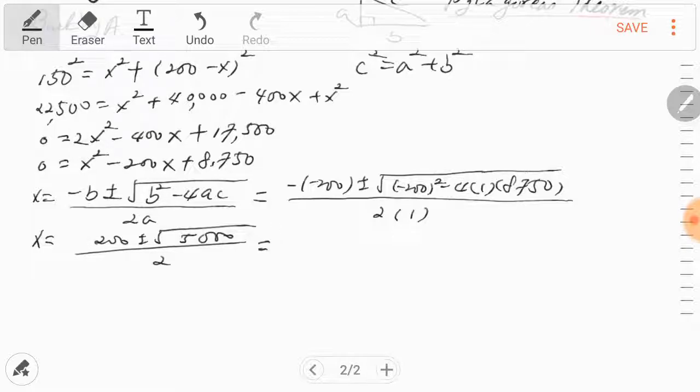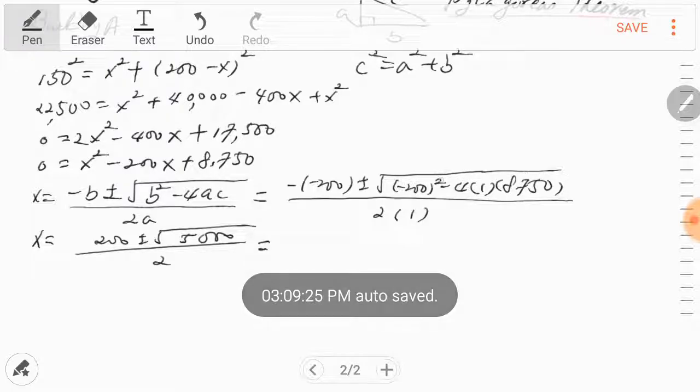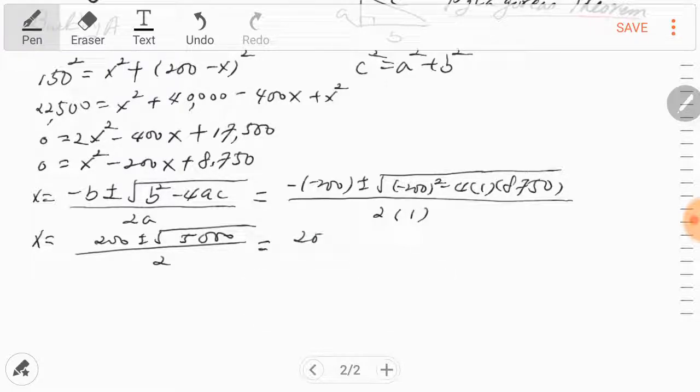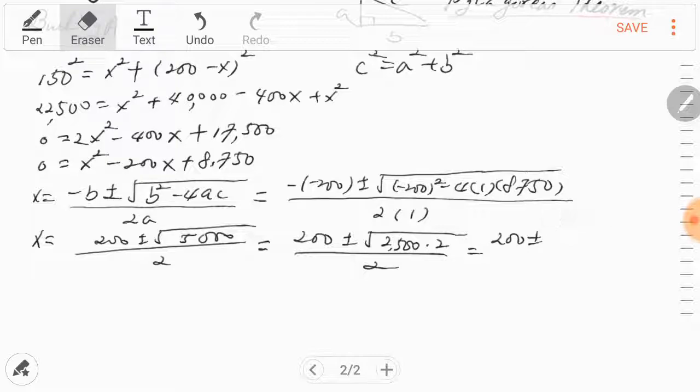Then this is equal to... 5,000 is what? 2,500 times 2. 2,500 is 50 squared, right? 50 squared over 2. Then, okay, divide each by 2. Then 100 plus or minus 50 square root of 2.